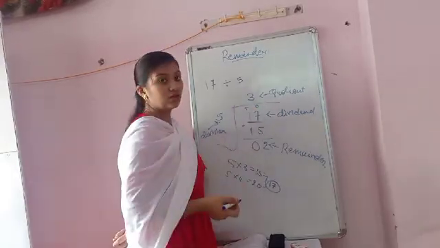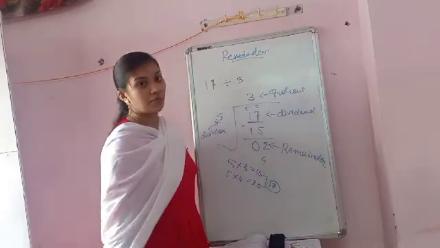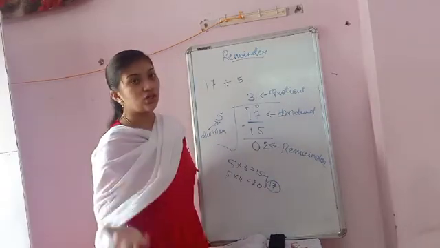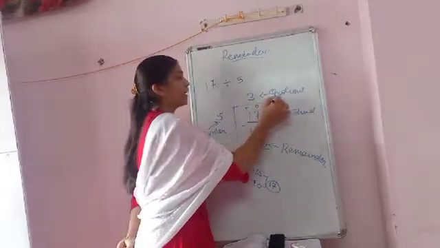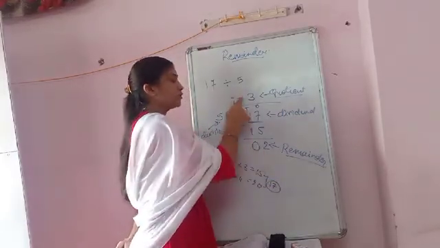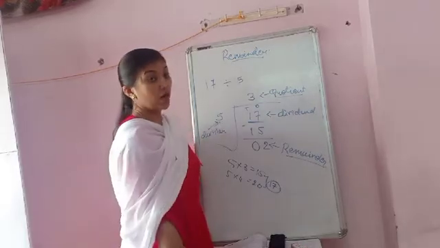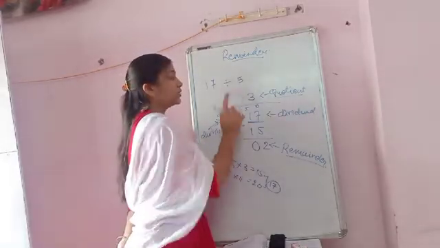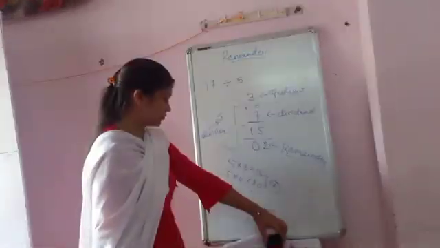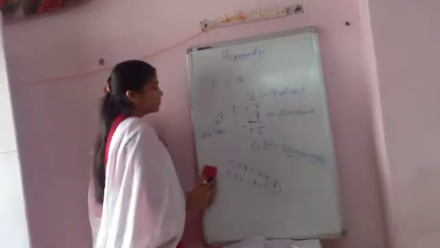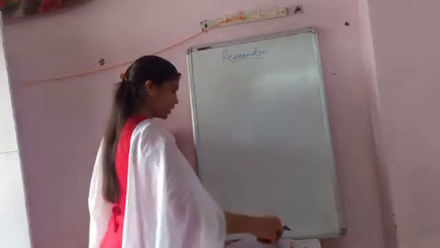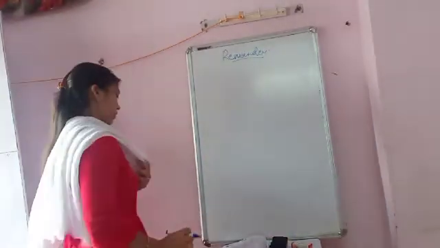If you got 3 as the divisor and you have a 4 as a remainder, then your answer is wrong. अगर आपको कंपेयर करना है आपका आंसर राइट है कि रॉन्ग है, तो उसके लिए एक ही मेथड है, आपको कंपेयर करना पड़ेगा डिवाइज़र और रिमाइंडर. कैसे? If your remainder is smaller than the divisor, then your answer is right. But if you get a larger remainder than the divisor, your answer will be wrong. So this is the way to find out the remainder in the division.